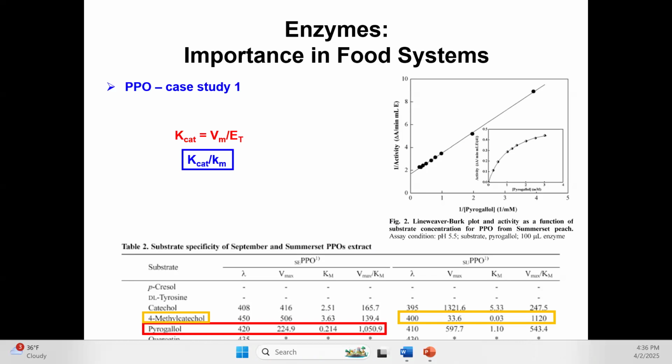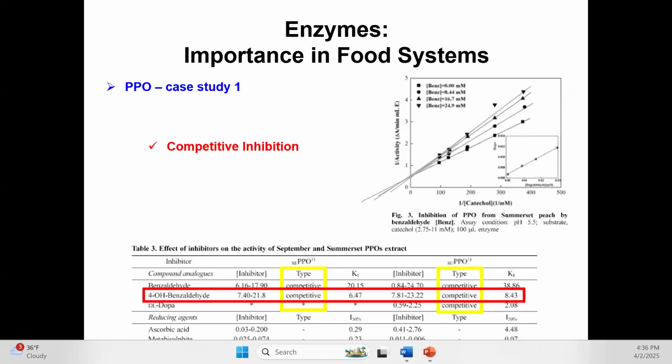And then they looked at inhibition, and they determined these are all competitive inhibitors because of similar intercept, different Km. You can also look at the table with the values, and they determined that this particular benzaldehyde is the most effective inhibitor.